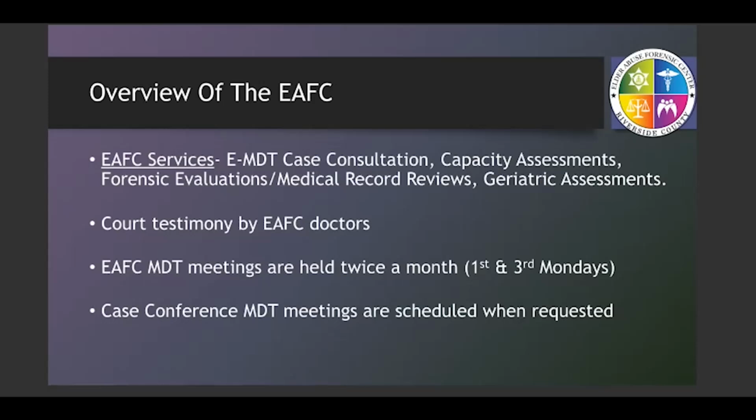When we talk about forensic evaluations, these may be done by seeing the client in person and/or providing a review of medical records, such as hospitalizations, photos, facility records, hospice records, examination findings, such as x-rays, blood work, and even medications.